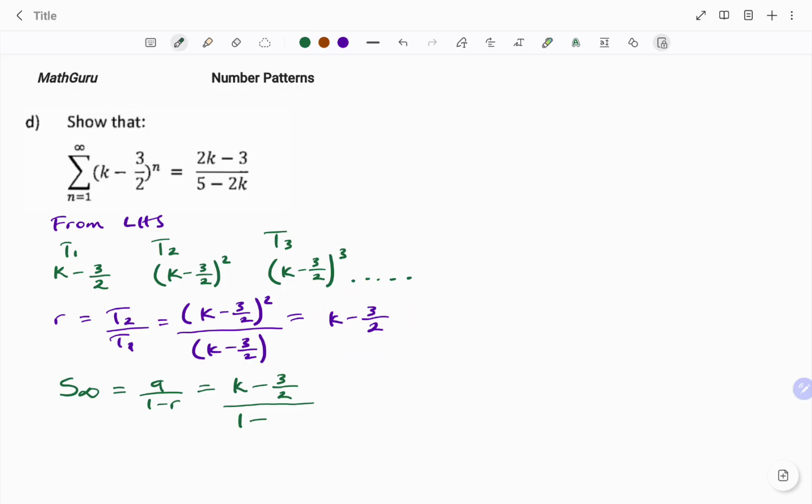I'm going to put that in a bracket. Extend my fraction bar, and if I resolve what I have at the top, I'm going to have (2k - 3) over 2.